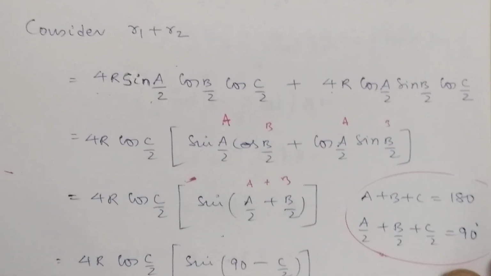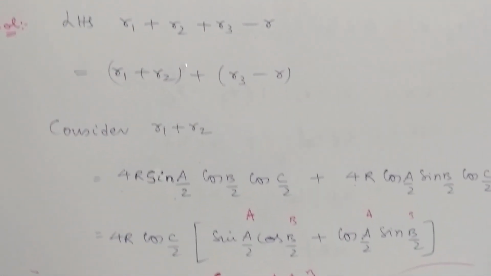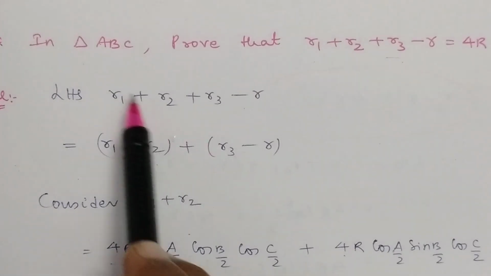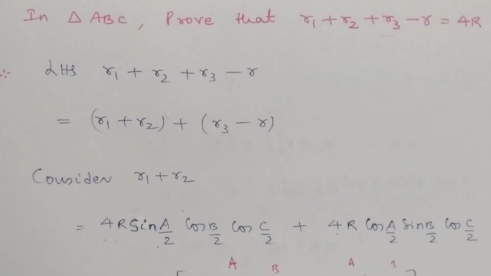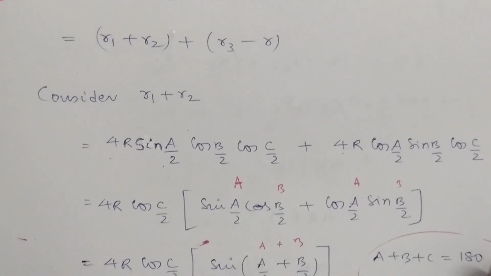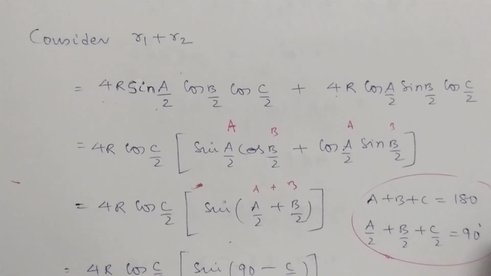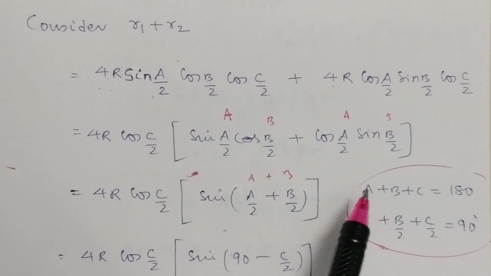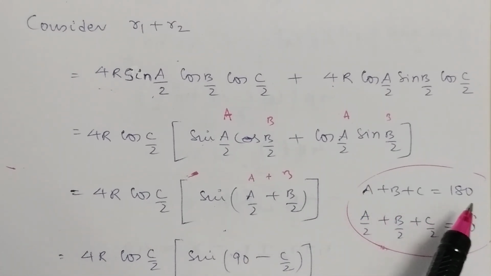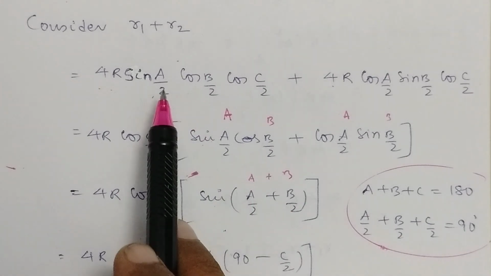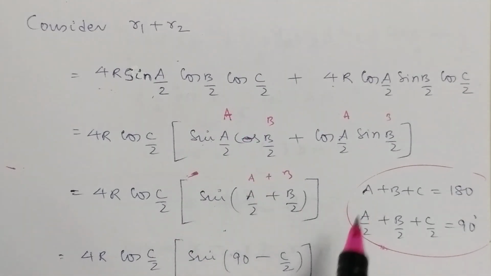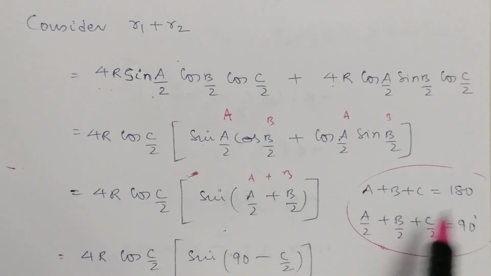In the problem, it is clearly mentioned: in triangle ABC, which means the sum of three angles is 180. So A plus B plus C equal to 180. In the problem, we are having A by 2, B by 2, C by 2. So take by 2 on both sides.